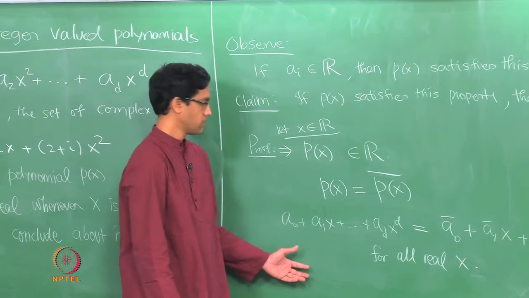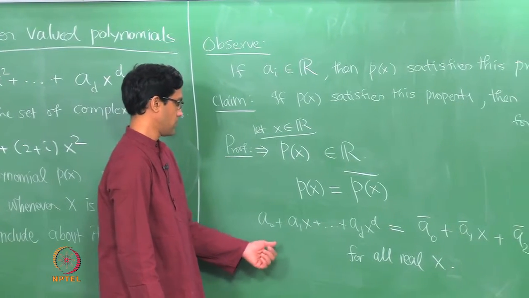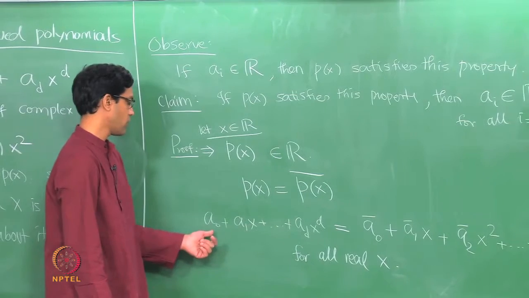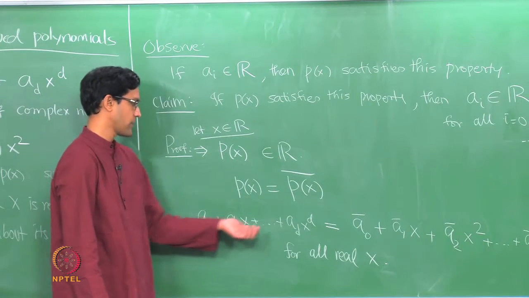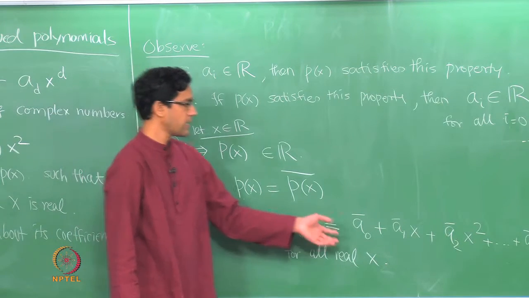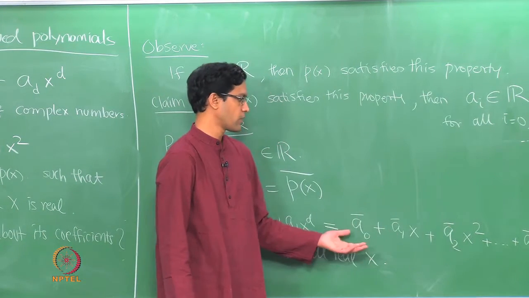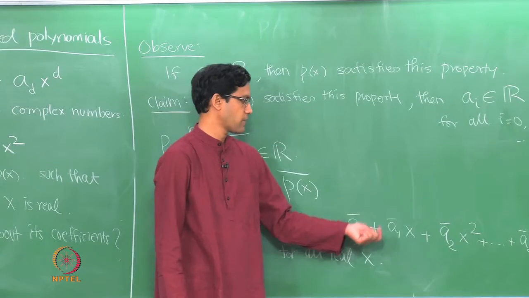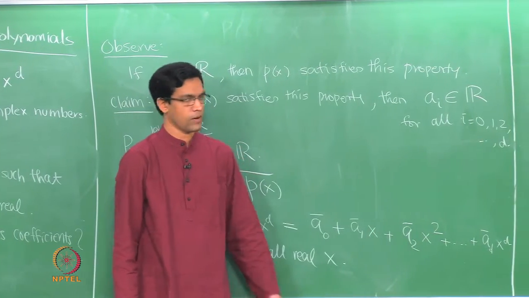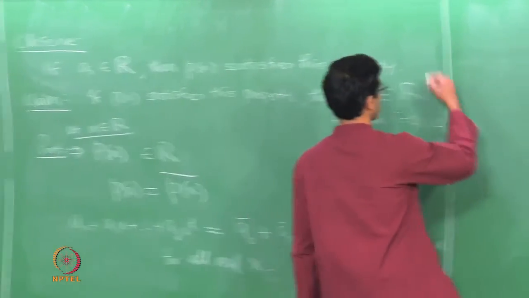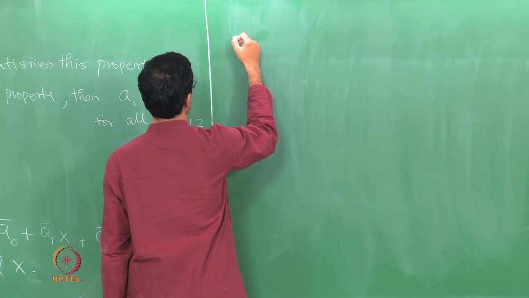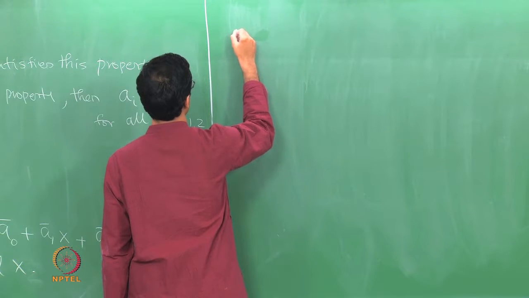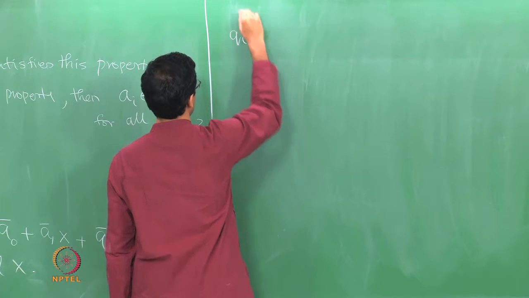Okay, but now observe that the left hand side you can think of as here is a polynomial of degree d, a0 plus a1x plus ... plus adx^d. The right hand side is another polynomial of degree d, which is a0 bar plus a1 bar x plus a2 bar x squared and so on, right. So let us call that another polynomial, maybe we will just call it q of x.